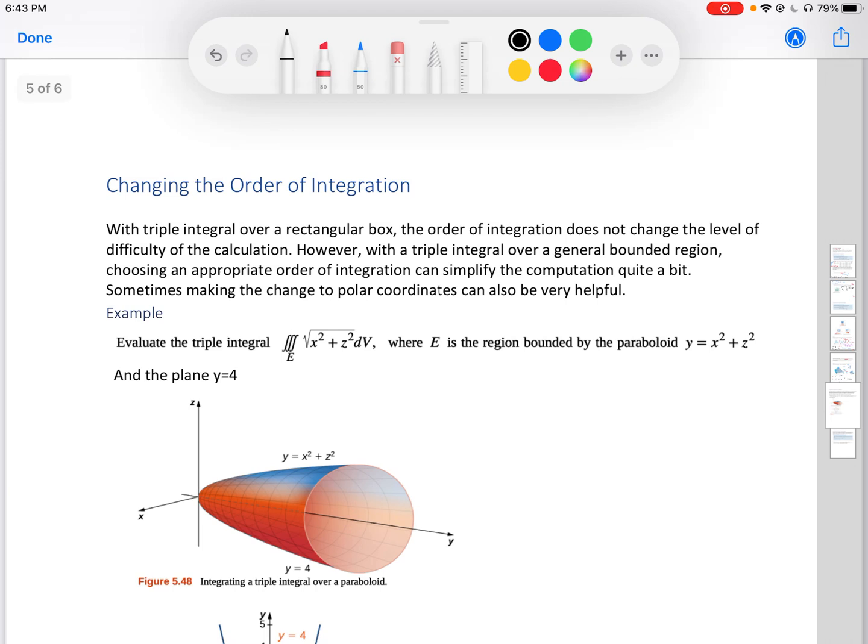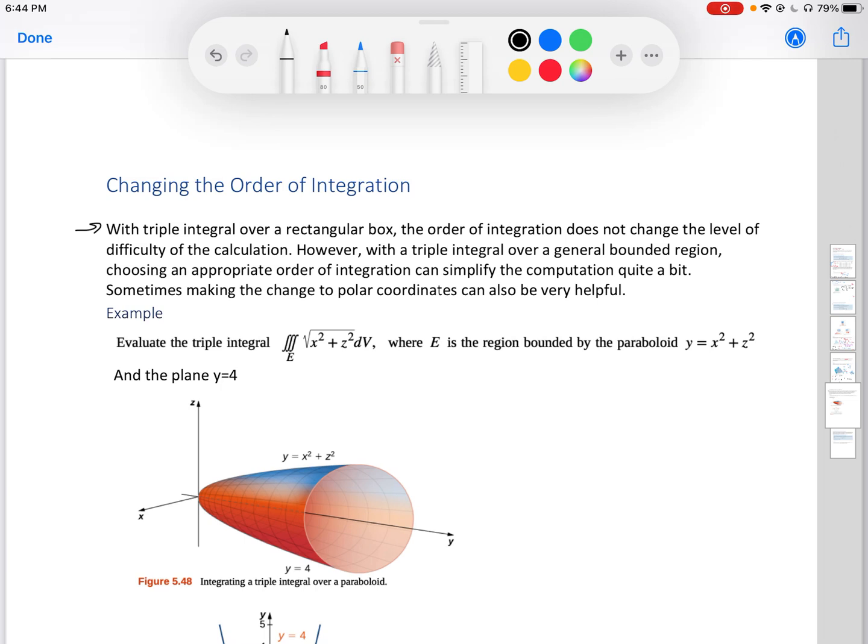Now with integration, we can also change the order. Now let's go ahead and read this introduction. With a triple integral over a rectangular box, the order of integration does not change the level of difficulty of the calculation. However, with a triple integral over a general bounded region, choosing an appropriate order of integration can simplify computation quite a bit. Sometimes making the change to polar coordinates can also be very helpful.